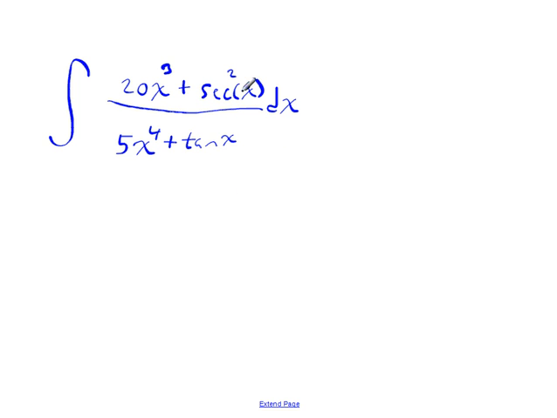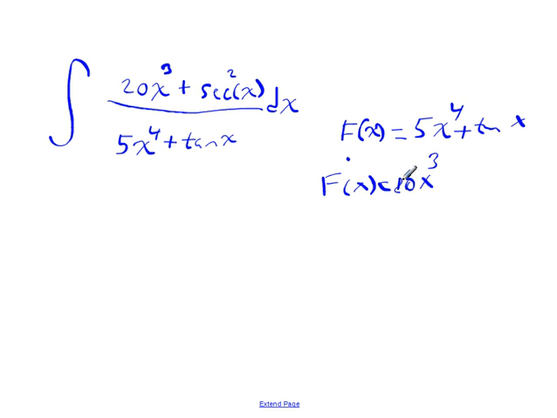So we need to just check, is this following that pattern? We look at the bottom, and let's call the bottom f of x. So f of x is the denominator. And then let's take the derivative of that. Well, the derivative of 5x to the fourth is 20x cubed, and the derivative of tangent, we know, is secant squared x.